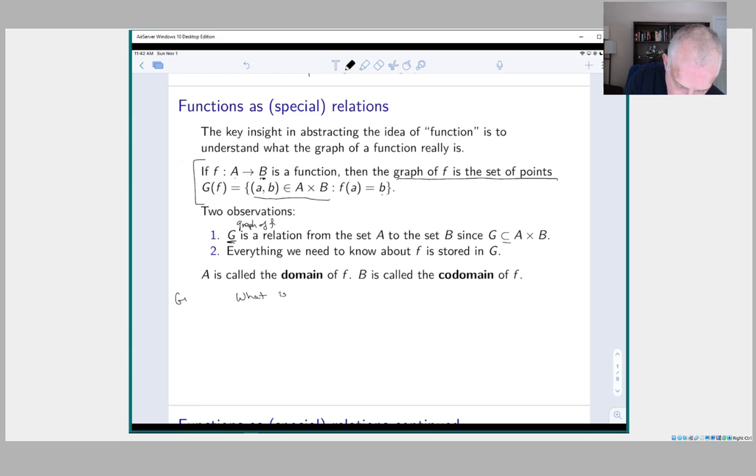So suppose we're given G. What is f(3) in our old notation?